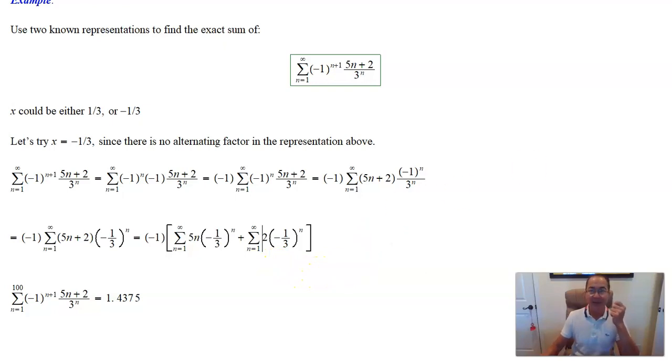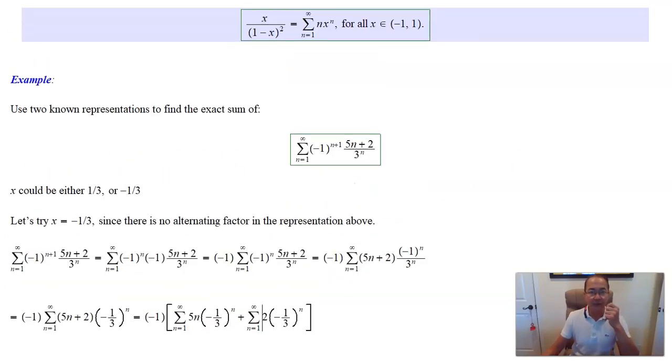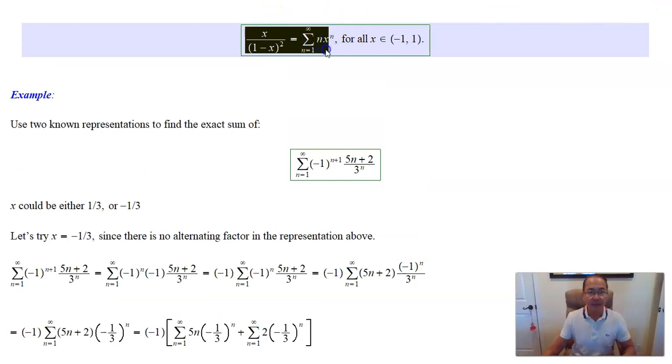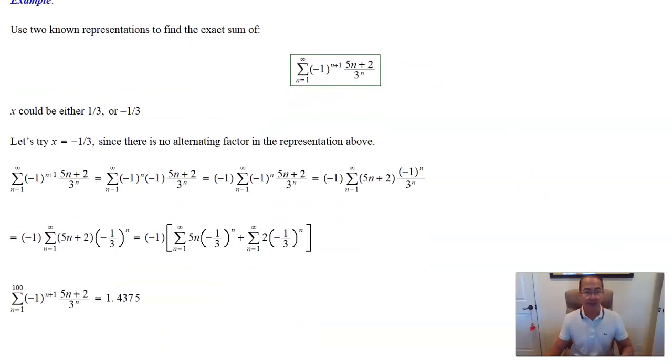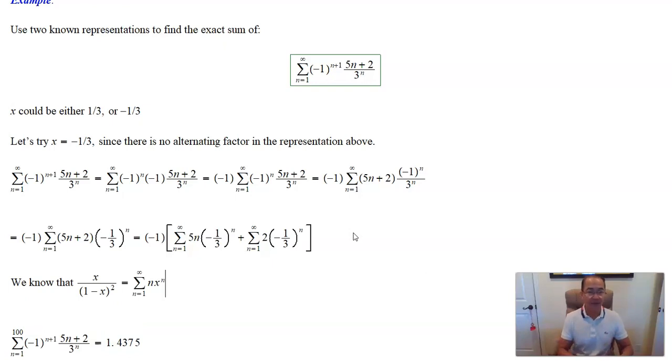Okay, so now we can use the representation above. Yeah, let's copy it. Okay, so we want this part. And by the way, our x is minus 1/3. Minus 1/3 is within our interval of convergence, so we are allowed to plug in minus 1/3 into our representation. Okay, so we know that that equation works if x is between -1 and 1. So we can plug in x equals minus 1/3.